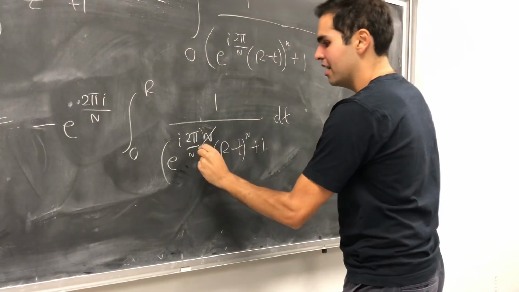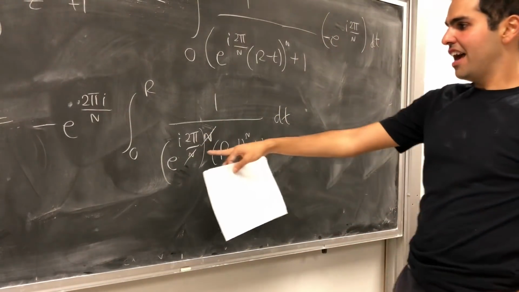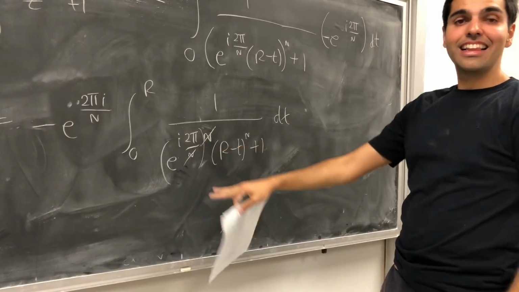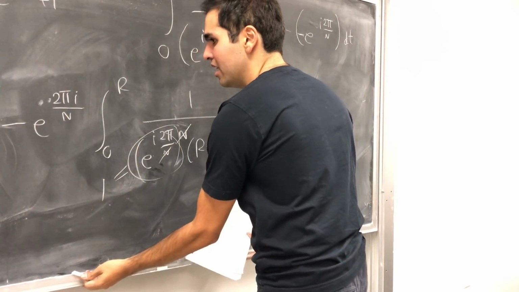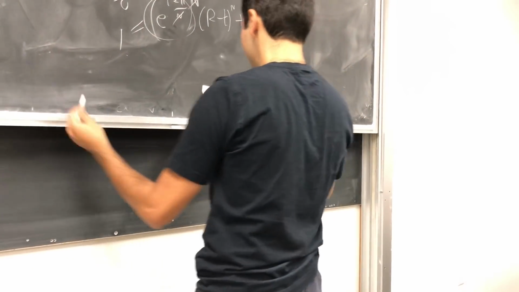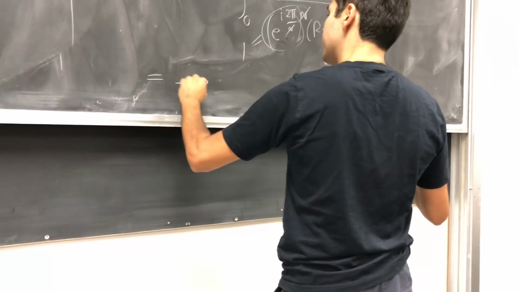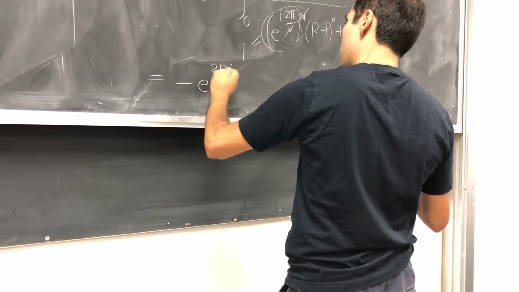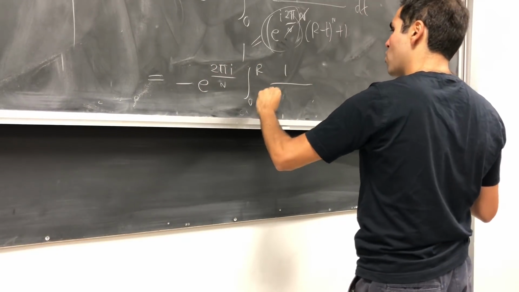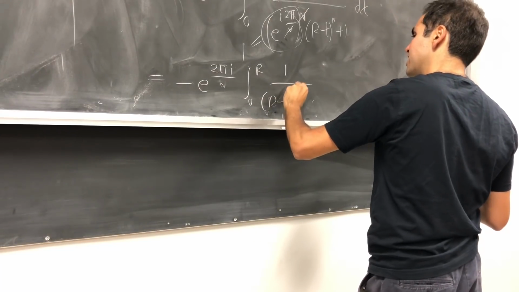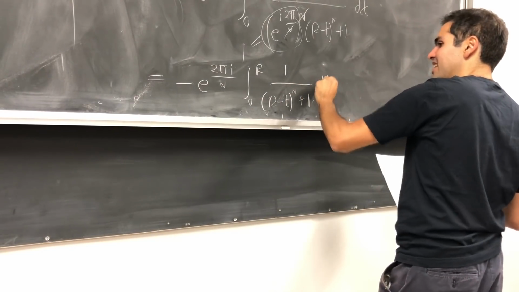But look, this n cancels out, and then e^(i2π) is just 1. So this horrible thing equals 1, and you're left with minus e^(i2π/n), integral from 0 to r of 1 over (r minus t) to the n plus 1 dt.